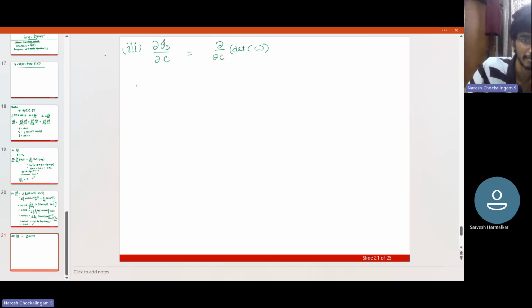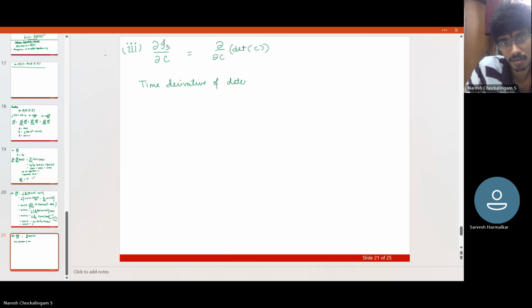Suppose we have a certain function. Suppose we are interested in the material time derivative, or time derivative, of the determinant.